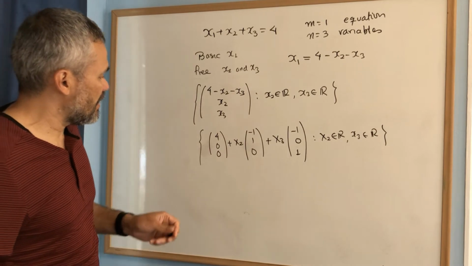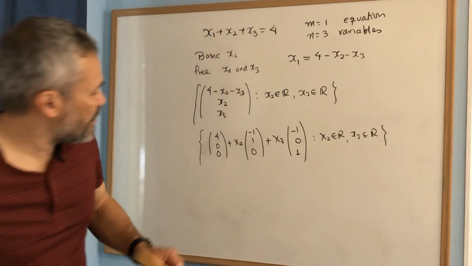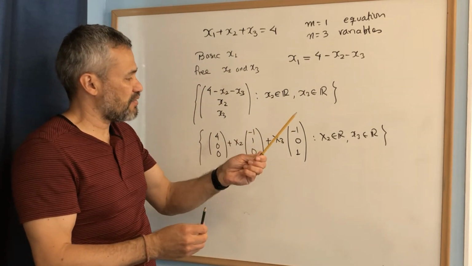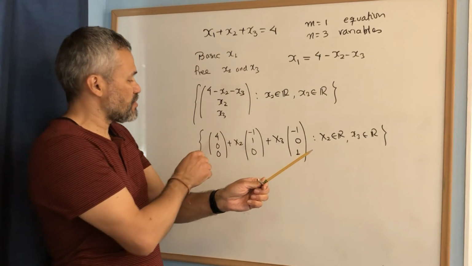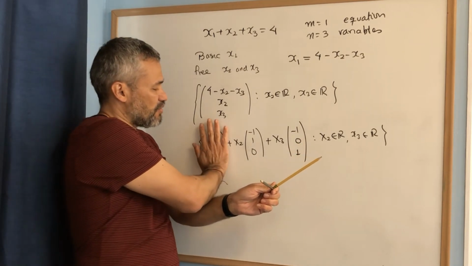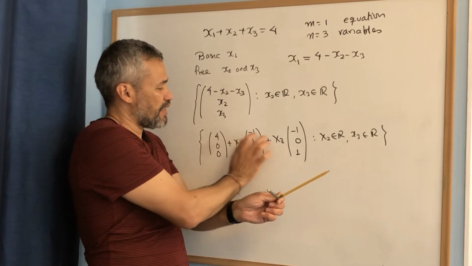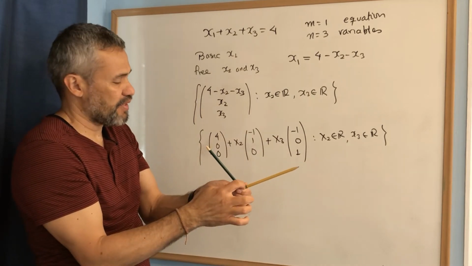Then essentially, let's suppose that this vector is the yellow vector, and this vector here is the green vector. Let's forget about the first part for now. When x2 and x3 are 0, then essentially you are at the origin. Here is my origin.